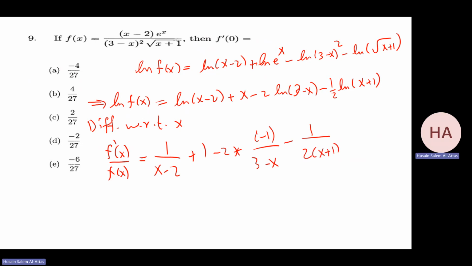Now f prime at 0 will be f at 0 times this. What is f at 0? You can check it easily. That will be minus 2 over 9.